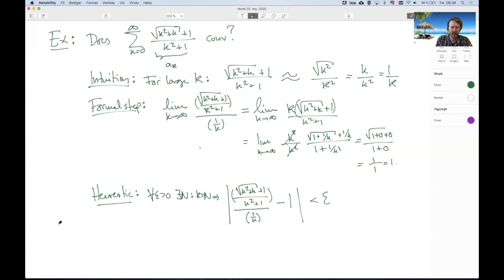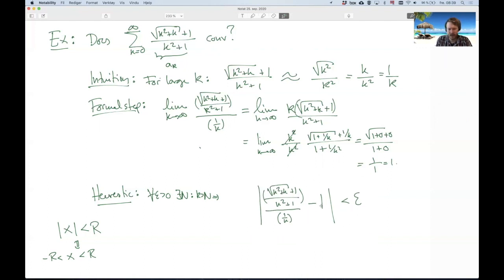Now, if I have some value x smaller than some positive value r, then it's a result from the course that you can open up the inequality and do this thing here. So I can open up here, having all of this thing play the role of my x and this being my r. Then I put my minus epsilon here. Then I can add 1 on all sides.